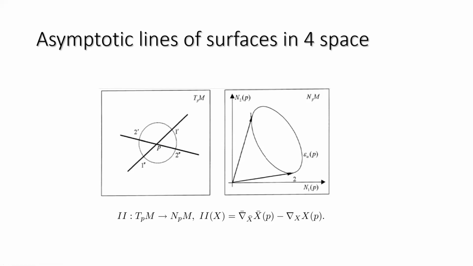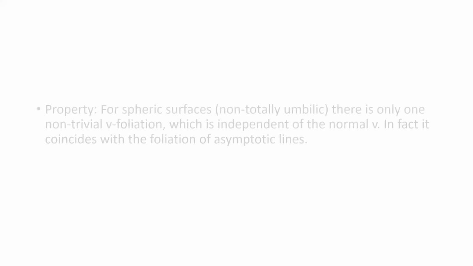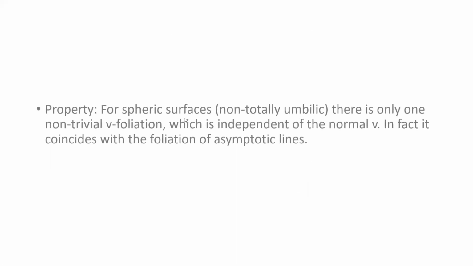These lines are a subject of study for immersions into R4, very studied in different places, and have interesting properties. And these lines are related with the new principal lines in a special way in our models. I will show that. Property: for spheric surfaces, not totally umbilic, there is only one non-trivial new principal foliation, which means that it is independent of the normal.